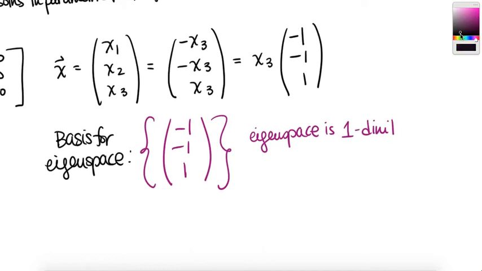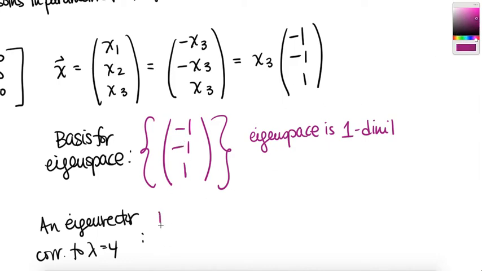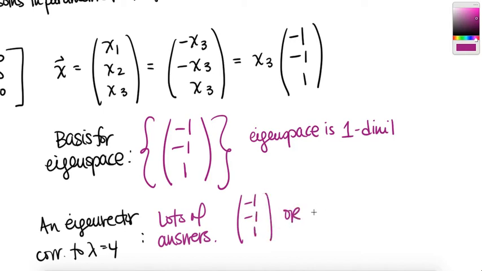And then to find an eigenvector corresponding to lambda equals 4, well, we just need any vector in this space. So there are lots of answers here. Basically, you could have that vector, -1, -1, 1, or literally any scalar multiple of that vector.